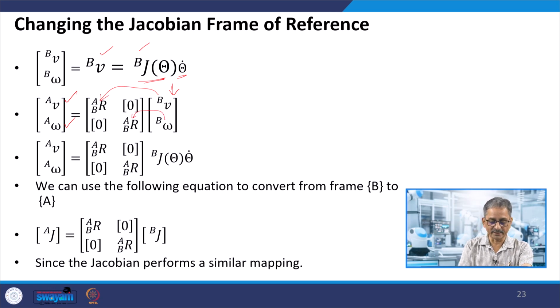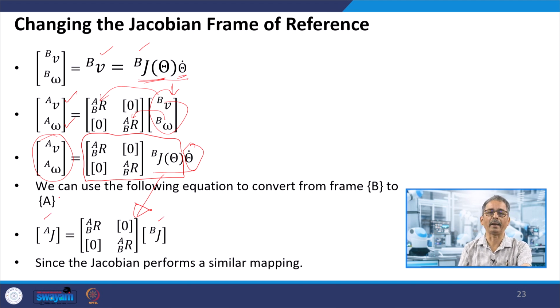Then I can replace this with this value. So this is my joint vector and this is my Cartesian vector, and my Jacobian here is going to be this term, written over here. This way I change the Jacobian frame of reference from B to frame A.